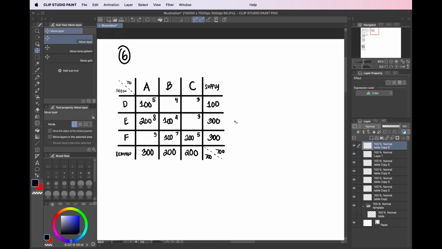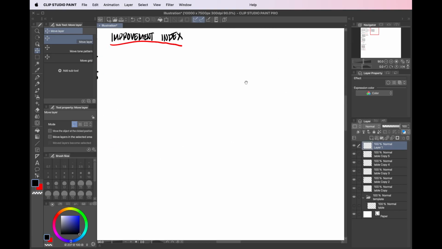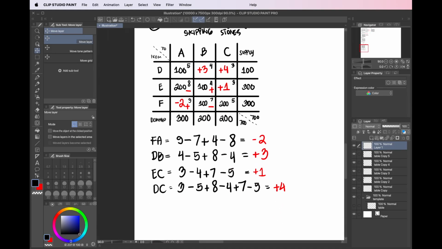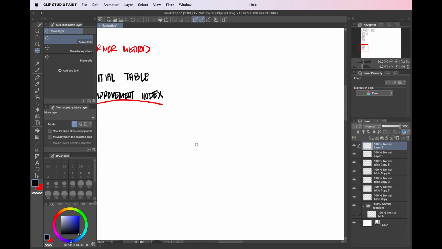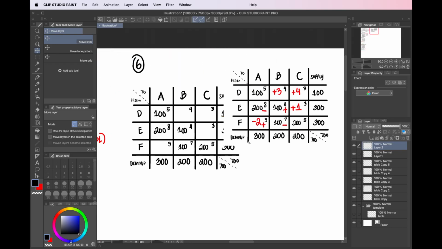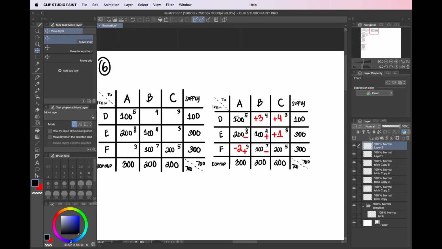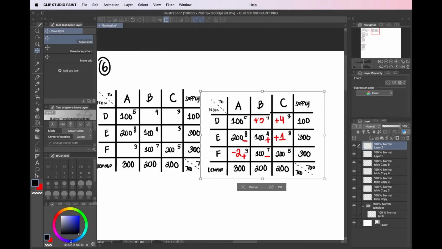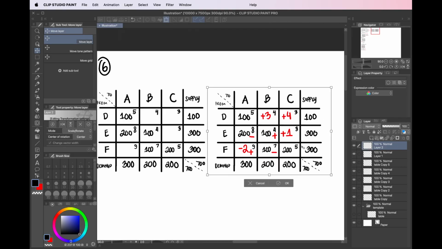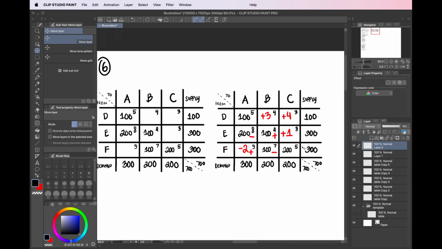Alright, so here we have a quick screenshot from a copy of the table. Let's just try to adjust it a bit.